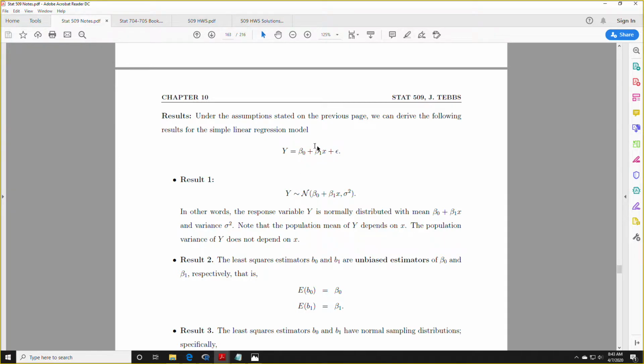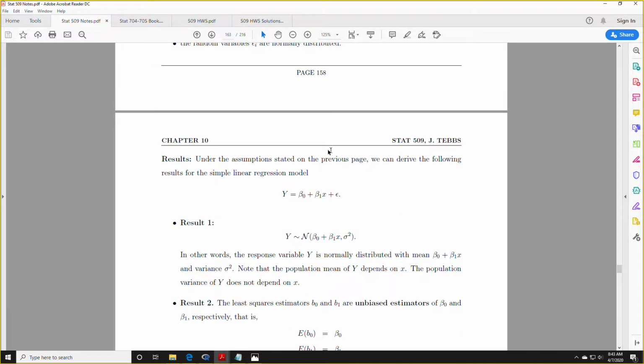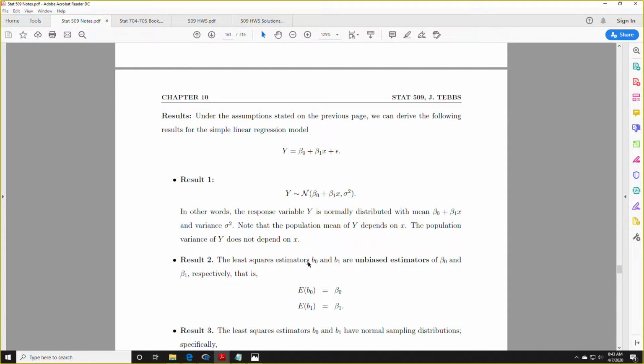So if this is all constant and epsilon is the only thing that's random on the right side, and we know its distribution, then what we have is that y is equal to a normal distribution plus a constant. We don't show it, but it's pretty easy to show that this implies that the response variable, y, has a normal distribution with mean beta naught plus beta 1 x and a variance of sigma squared.